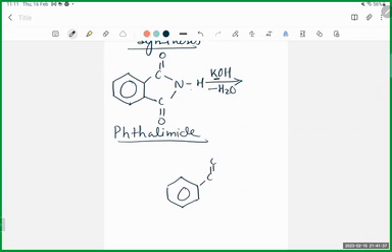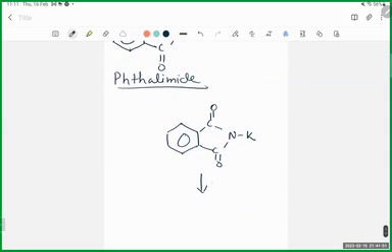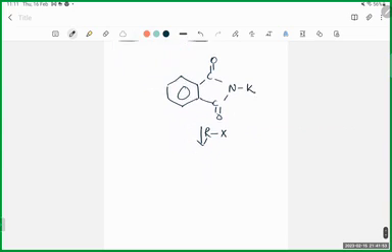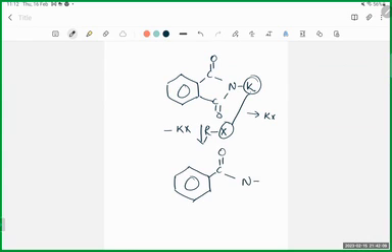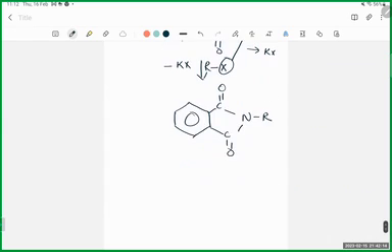So C double bond O, and here we get the K, C double bond O. Just a minute, H is going out, N will be there as it is, and K. Then it will be treated with the haloalkane, which gives out KX. R gets substituted over there. So we get KX out and C double bond O, N, R substituted over here, C double bond O. Hridaya, are you able to understand?